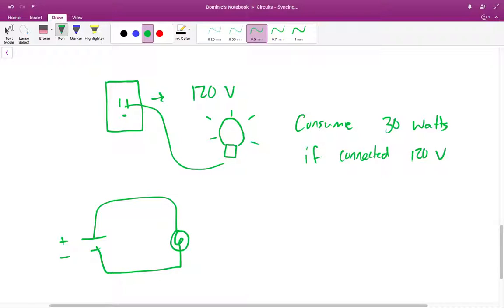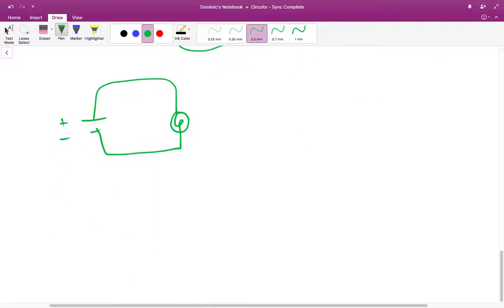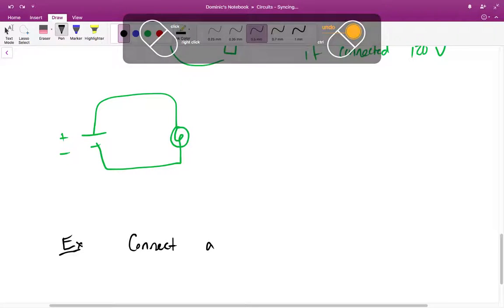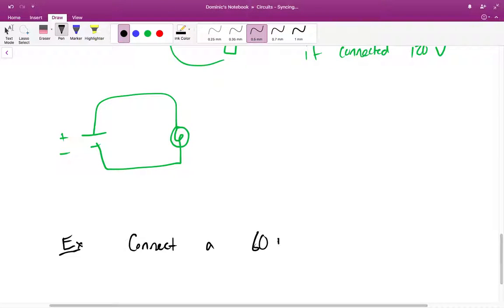All right, so I have an example for you, and I encourage you to pause the video and try it for yourself, see if you can figure this out. Let's say we have two light bulbs, a 60-watt light bulb and a 100-watt light bulb.